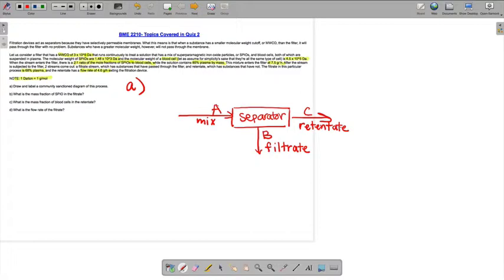For stream A, we have 85% plasma, so we can say that it's 0.85 plasma. Then we will have some P amount of SPIO, and some Q amount of blood cells, because remember, we know the mole fractions, but we don't know the mass fractions, and we can't just combine the 2 of them. Also, we know that stream A is 7.5 grams per hour.